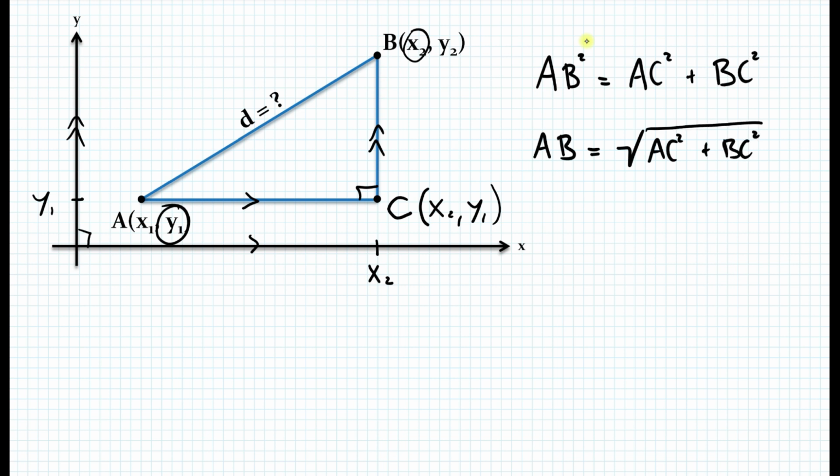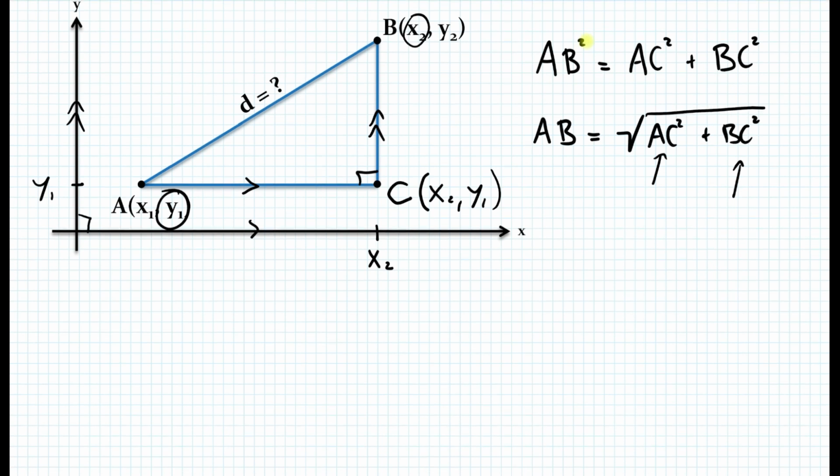And that is really the foundation behind the distance formula. All we need to do is find AC squared and BC squared, okay? So let's write this here. AC is equal to, well, what is the distance between A and C? The y values are the same, but the x values change. So you subtract x1 from x2, okay?